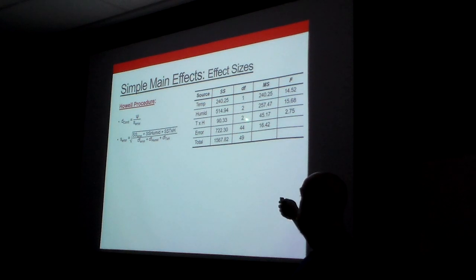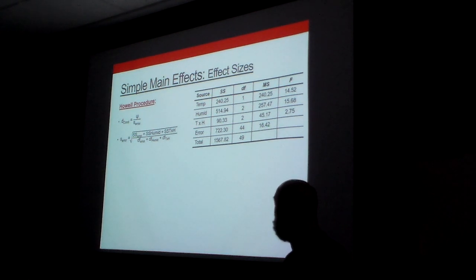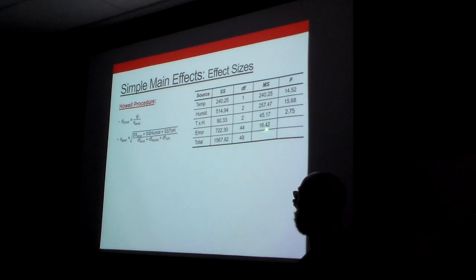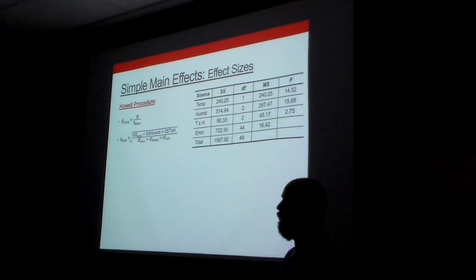If I take the square root of my mean squared error, which is sum squared error divided by my degrees of freedom, we get a much, much larger effect size than if I'm accounting for variability attributable to the interaction and variability attributable to humidity, right?